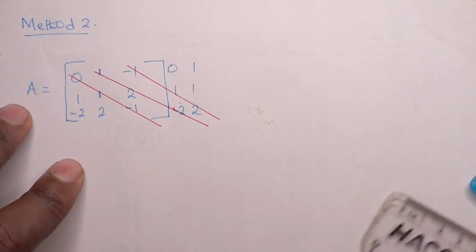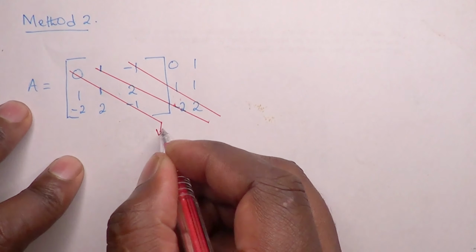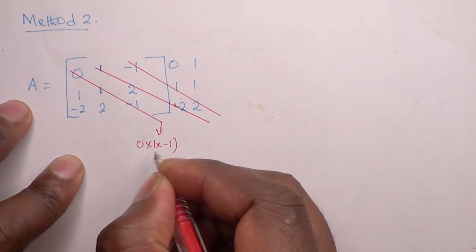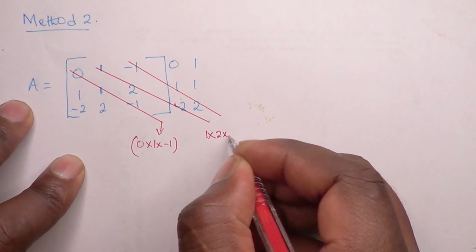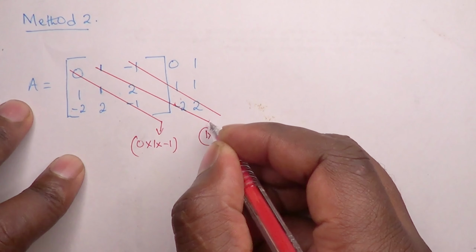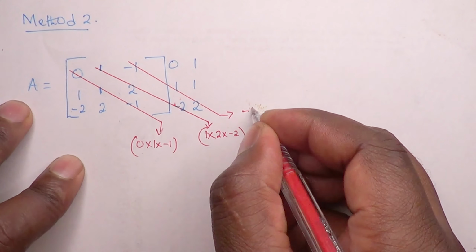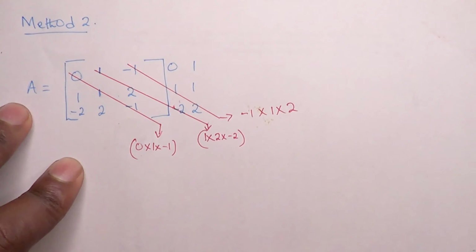So it will be 0 times 1 times negative 1. Then this one will be 1 times 2 times negative 2. Then lastly this one will be negative 1 times 1 times 2.